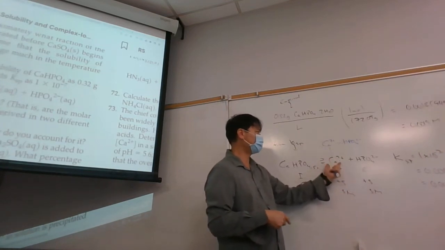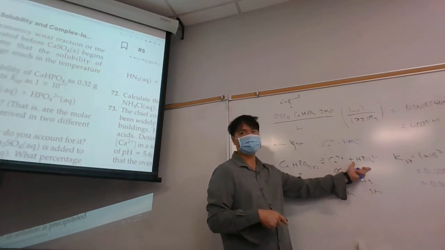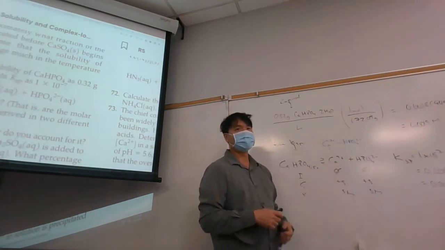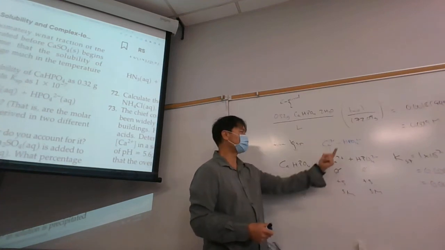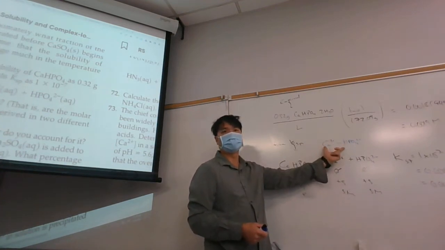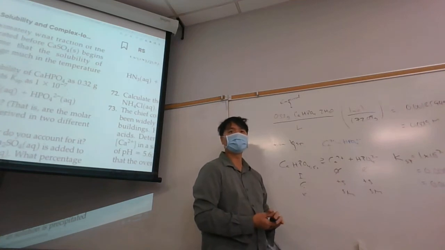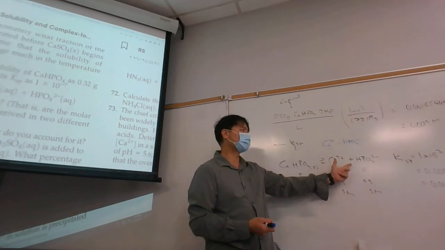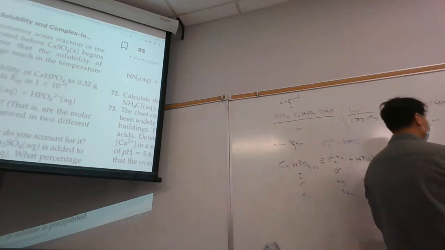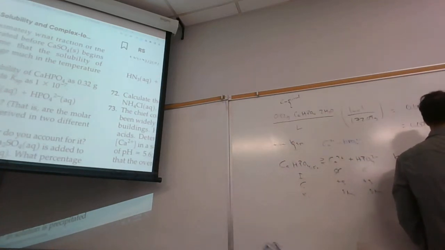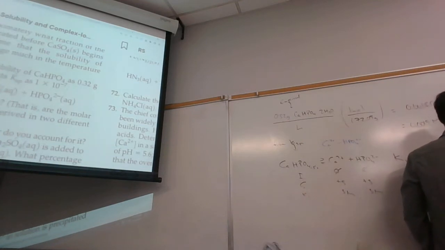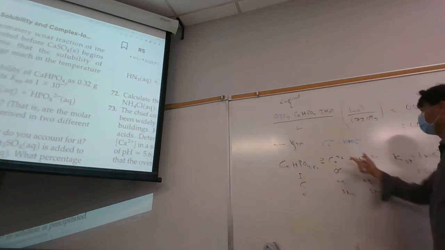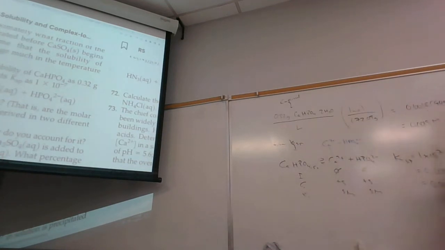The KSP is going to be measuring the free calcium and the free monohydrogen phosphate. And so due to having these other species present here, the actual solubility is greater than what we might think based on just the free ions. And the free ions are what we use to predict KSP. They're equal to the free calcium ion times the free monohydrogen phosphate. And if you have ion pairs like this, then the actual solubility is going to be higher due to that.